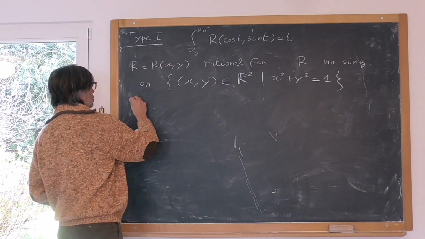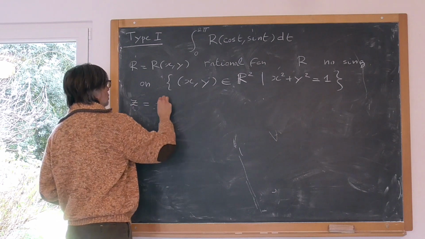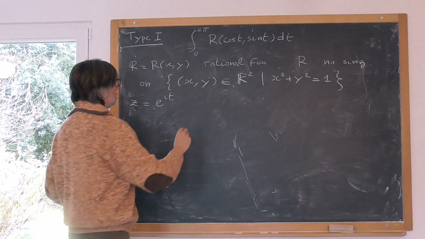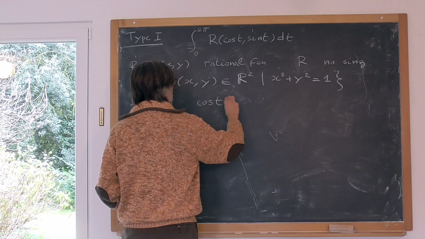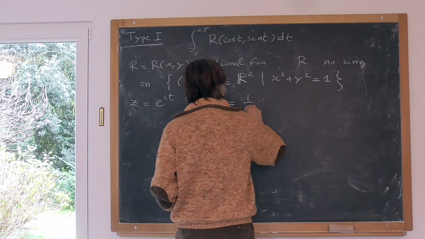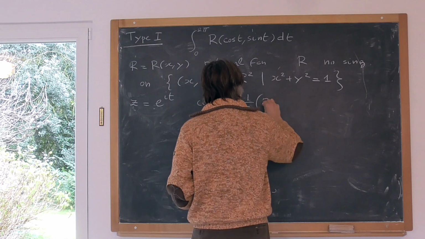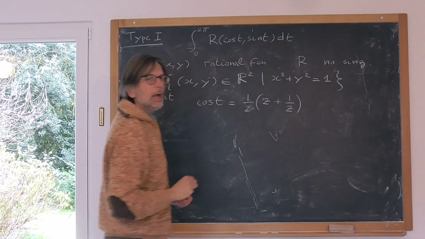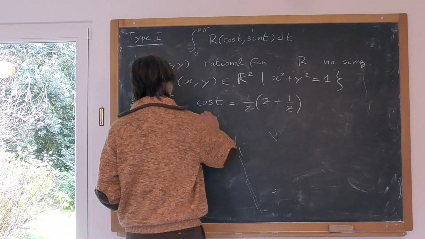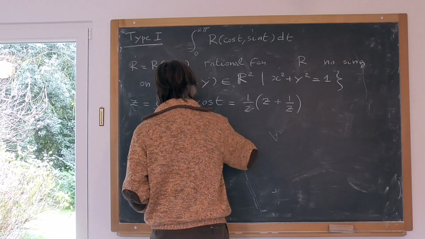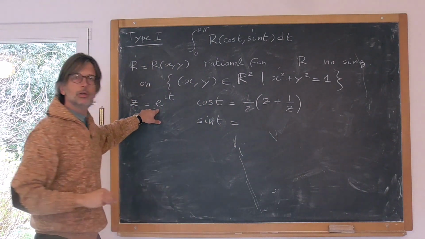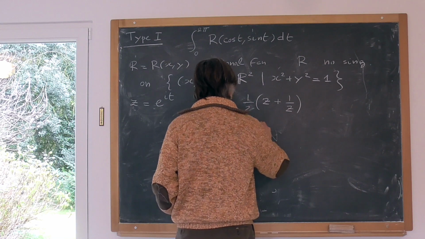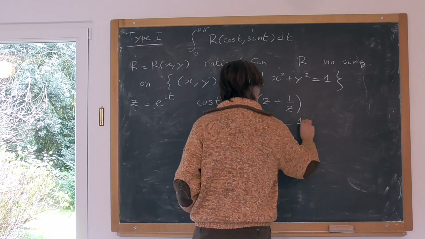So we were considering the substitution z equals e to the i t, and if we use this substitution, then cosine of t, as we have already seen, is 1/2 (z plus 1 over z). And sine of t, taking the imaginary part, gives the formula 1 over 2i (z minus 1 over z).